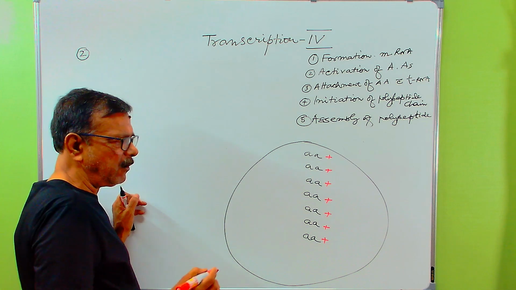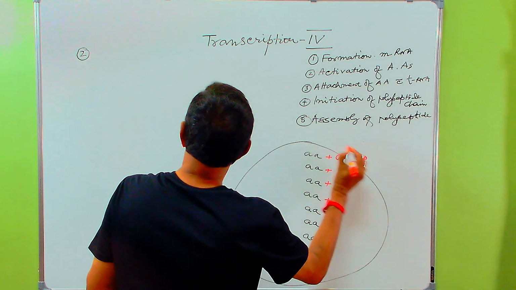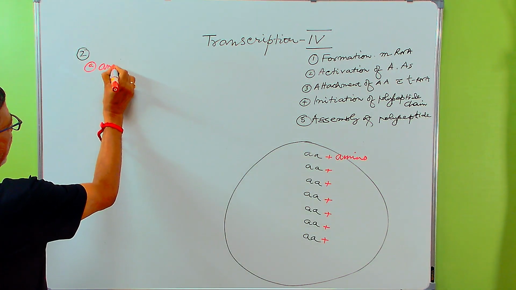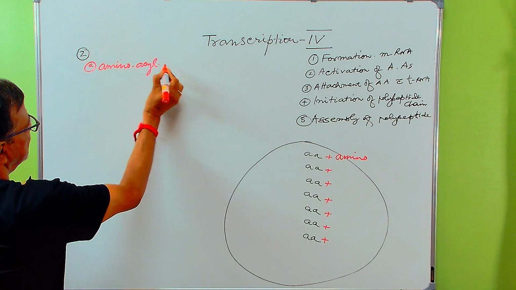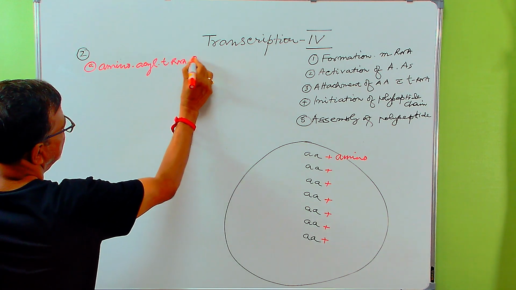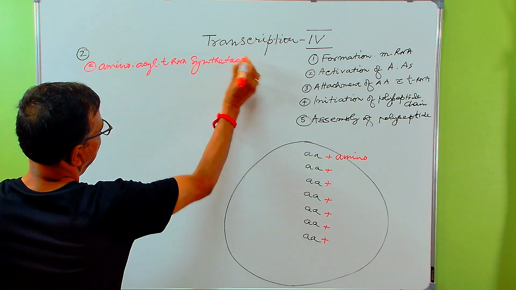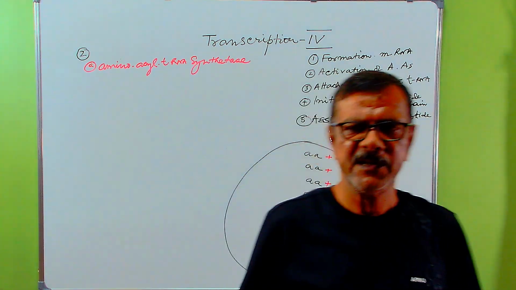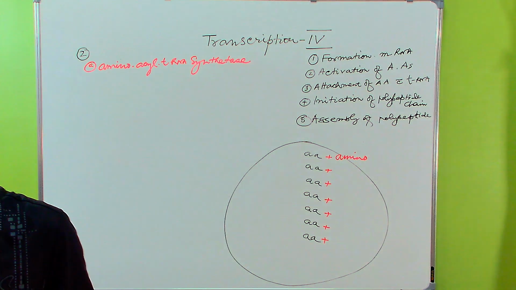These enzymes are called amino acid tRNA synthetase. So with the help of the enzyme amino acid tRNA synthetase, they get activated.